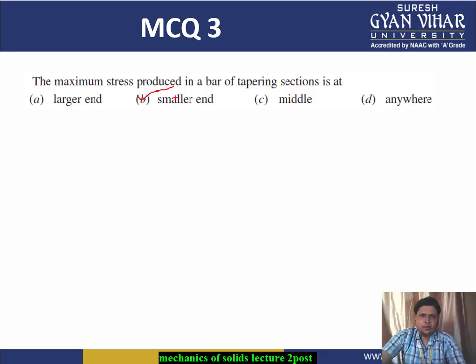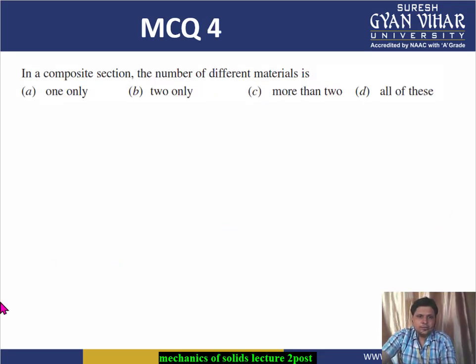Now moving to MCQ number 4. In a composite section, the number of different materials is: option A, 1 only; option B, 2 only; option C, more than 2; and option D, all of these.